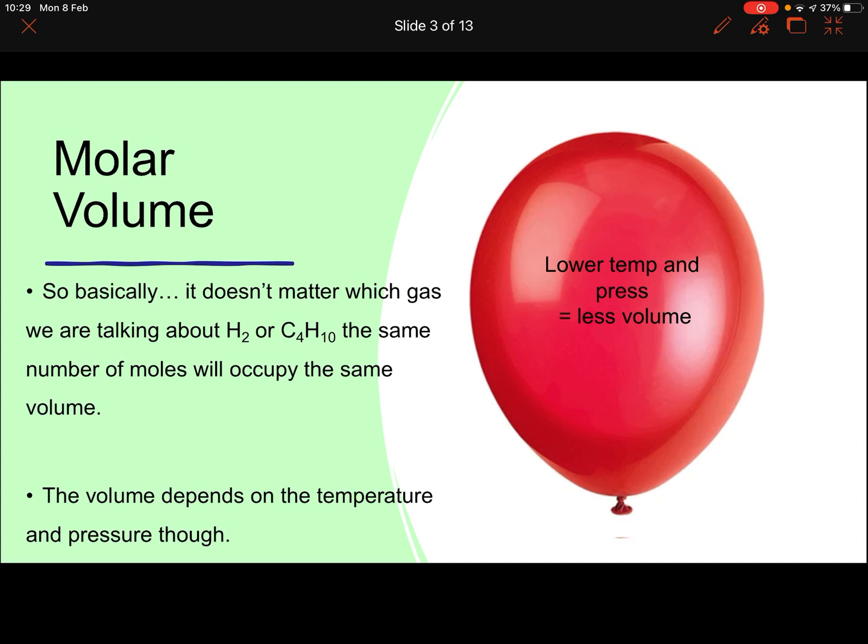Now, I'm just looking at that as I'm saying it. Lower pressure will give you less volume, but of course lower pressure will give you more volume, right? So if you decrease the pressure, the molecules can move further apart. That'll give you a greater volume. So that slide's not entirely right. Okay, but you can have a wee think about that yourself.